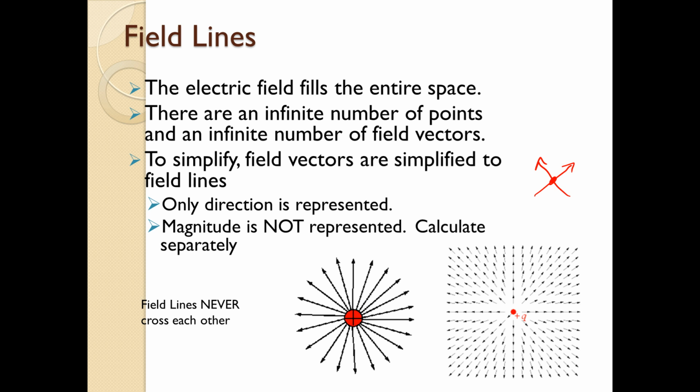So where those field lines cross, imagine if I put a charge there. That charge would experience a force in two different directions, which is an impossibility. That's why we can never have field lines crossing each other.